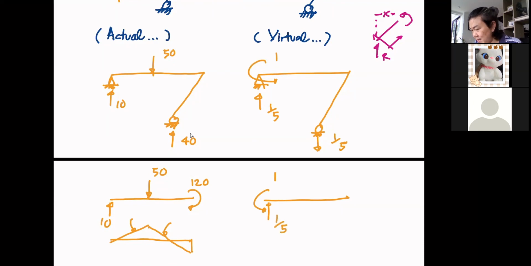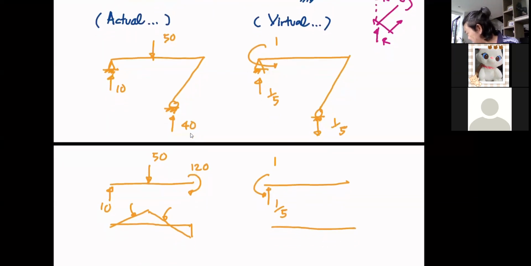So the moment diagram here would be, oops, that's a negative moment. And then it should be something like this. Okay, and that's a straight line, that's one equation.